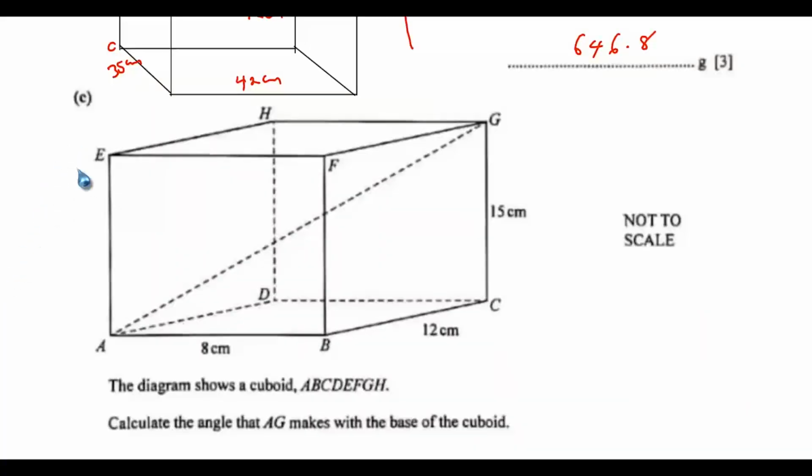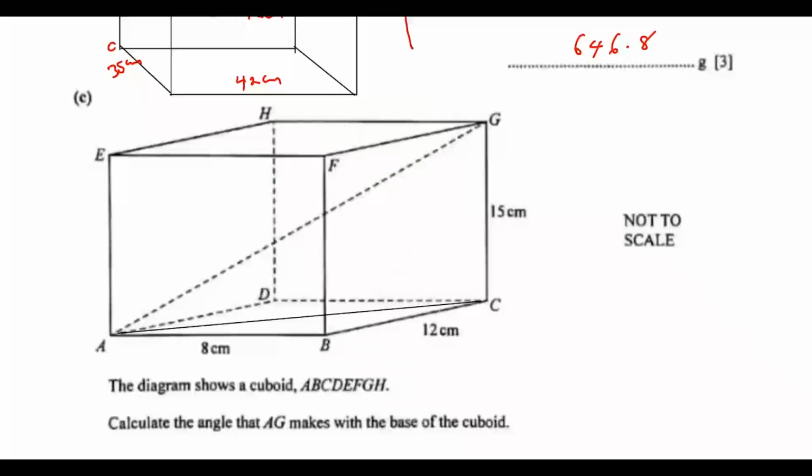The diagram shows a cuboid ABCDEFGH. Calculate the angle that the AG makes with the base of the cuboid. Let's identify the angle. Before then, let's draw a line from A to C, that will be on the surface of the base.